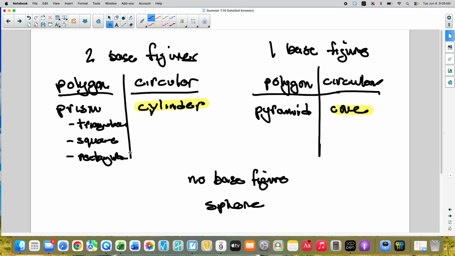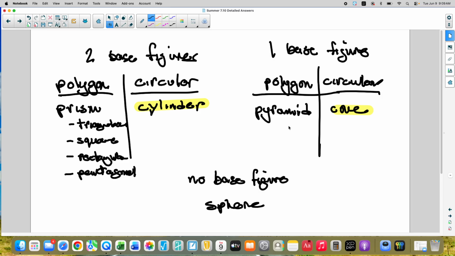You can have a parallelogram prism, I don't think anybody's ever called it that, but it's okay. And five-sided is a pentagonal prism, etc.